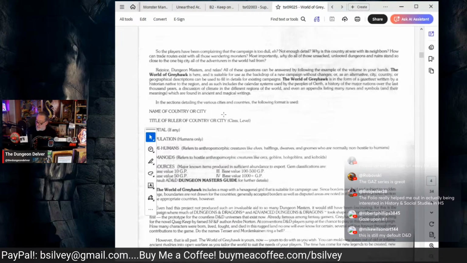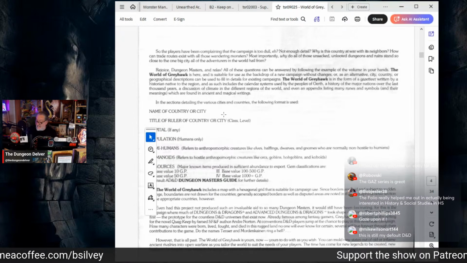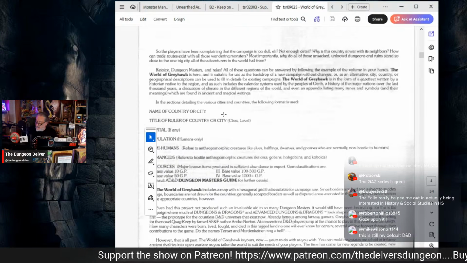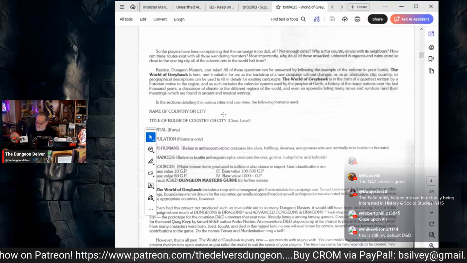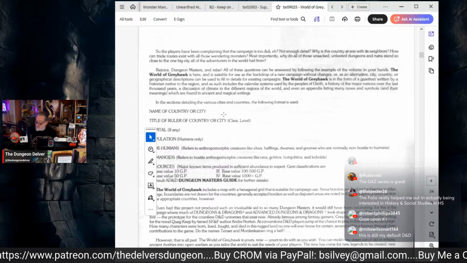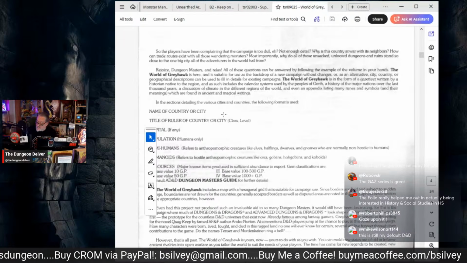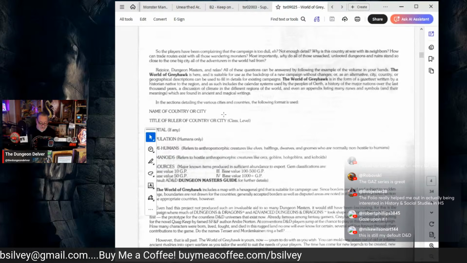The World of Greyhawk is in the form of a gazetteer written by a historian native to the region, and as such includes the calendar system used by the peoples of Oerth, a history of the major nations over the last 1,000 years, a discussion of climate in the different regions of the world, and even an appendix listing many runes and symbols and their meanings, which are found in ancient magical writings.